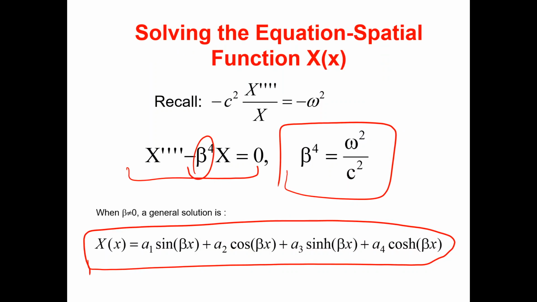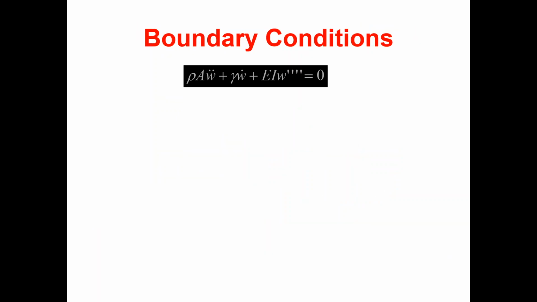But to solve this problem, to find these coefficients, we need to have the boundary conditions. So the boundary conditions for the case of the free beam, for which this is the governing equation, are two.